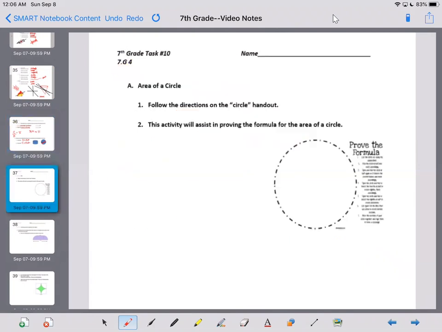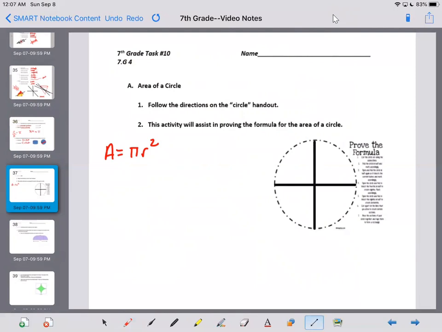Here's another video that I will post, and that is proving the formula for the area of a circle and why it is area equals pi r squared. And it's very interesting. The activity that goes along with this that you'll find in your student handout allows the students to work with different sections.